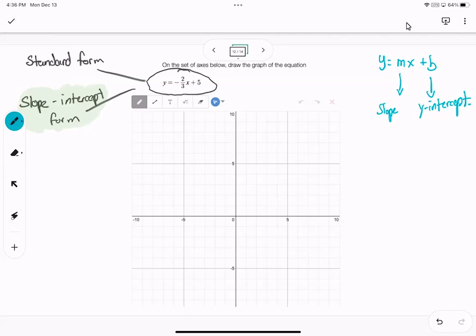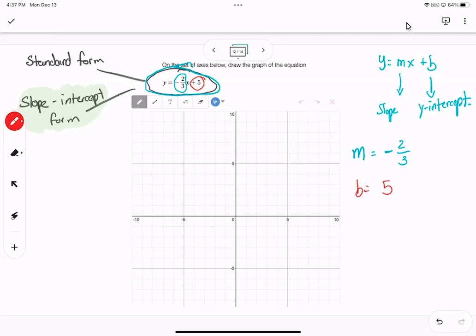If I look here, just looking at how it's written, the slope is the value before the x. So m is equal to -2/3. And then our y-intercept right here is equal to 5.